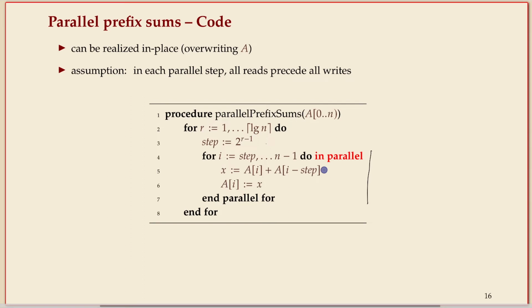We have to make sure that all these reads in that line from all the processing elements are done before any of the processing elements start writing back their results. Because otherwise you would read the new value and they would get out of sync. You have to make sure that all the reads in round i are done before all the writes in round i, and then you can continue with the next round. Is it clear why?